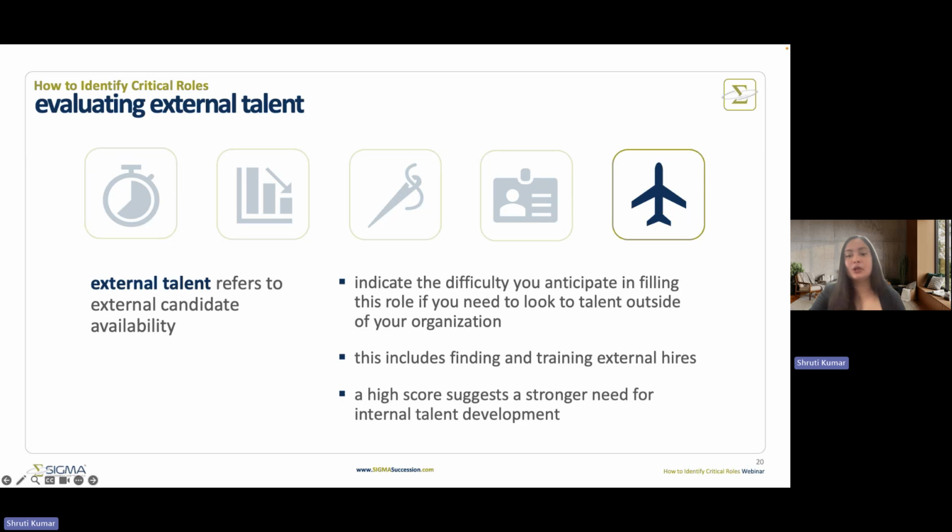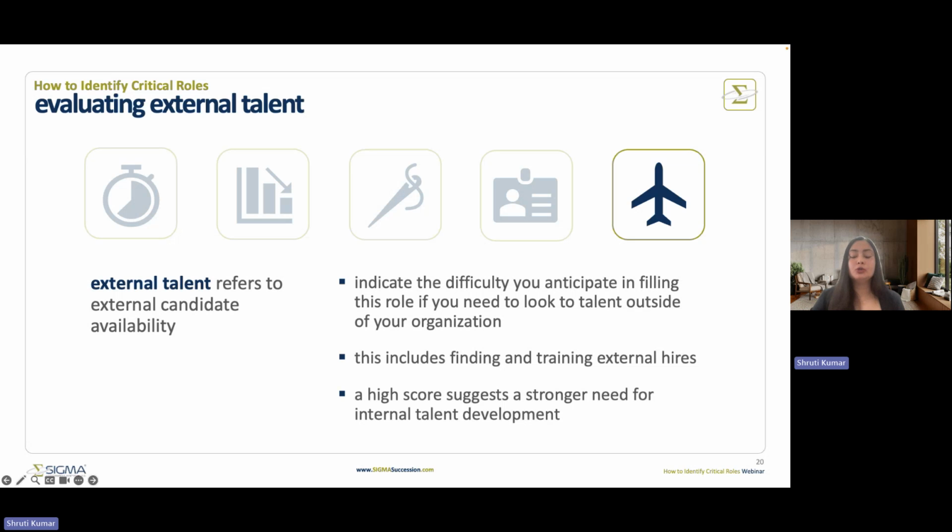All right, so finally, you'll be evaluating the availability of external talent. Now, I've mentioned before, relying on external hiring to fill critical roles leaves you at the mercy of the labor market, and it may be less cost effective than internal hiring, or internal promotion, I should say. However, I acknowledge that some cases will inevitably require you to look beyond your organization.